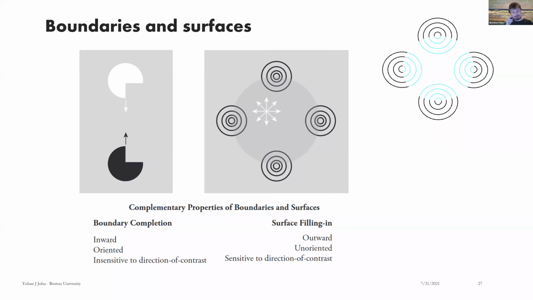So this gets into a lot of the research that Arash Yazdanbakhsh has done. The original physiological intuition is, why on earth do you have end-stop cells in V1?